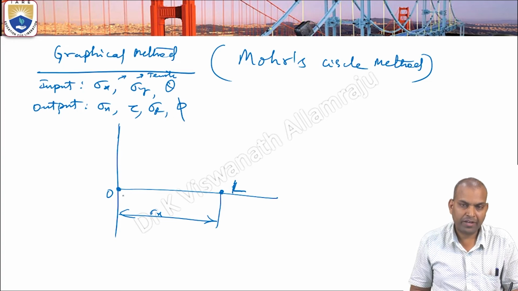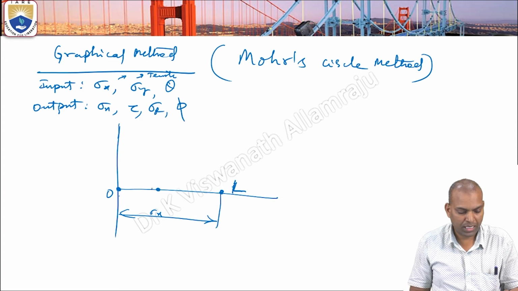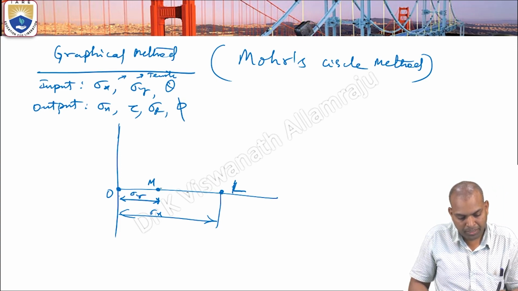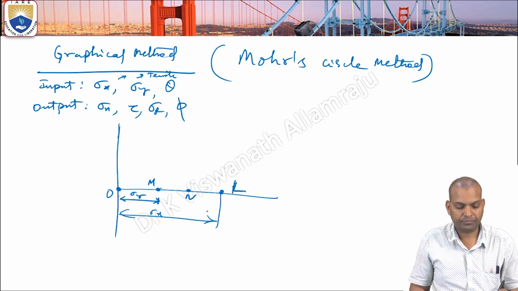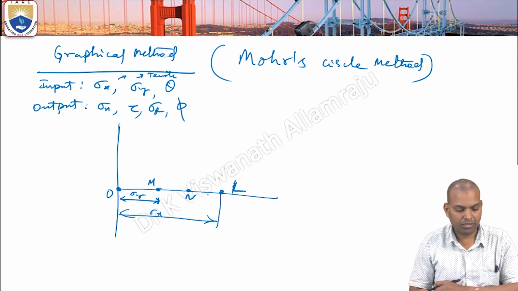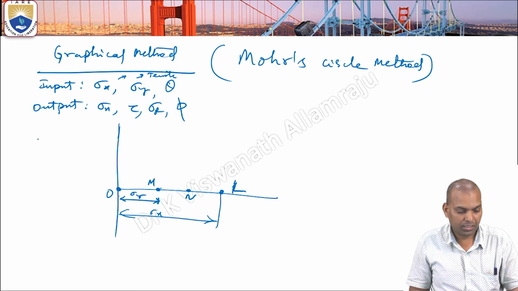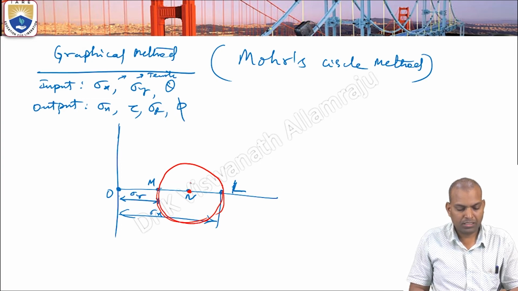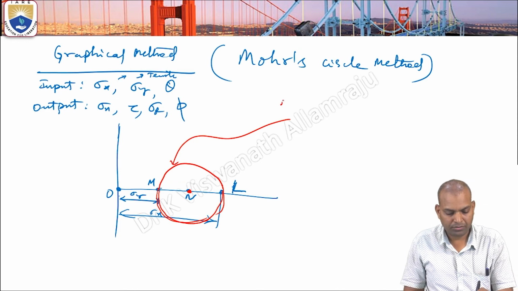From O, take the sigma y value to M. OM gives sigma y. Make the center of ML, that is center N. Draw a circle with radius either NL or MN. This circle is known as the Mohr circle.